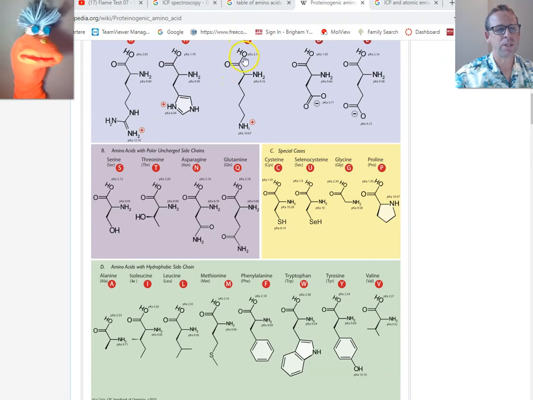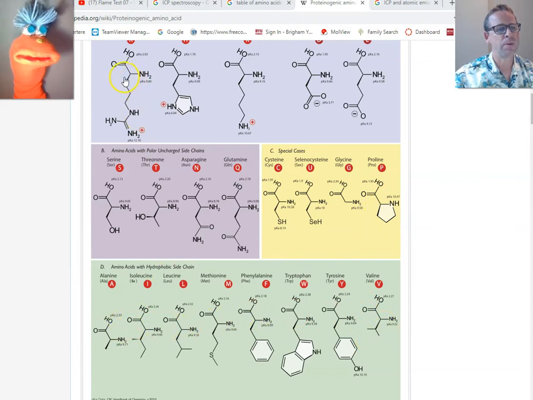So you see how each amino acid has a double bond here and a hydroxyl group here, which that combination, carbon with a double bond and a hydroxyl group, is called a carboxylic acid. And then this next carbon down here has an amino group. Now, proline's a little bit different in that the amino group is actually part of the cycle here, but all the rest don't do that.